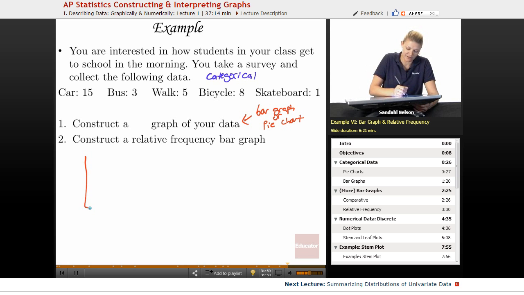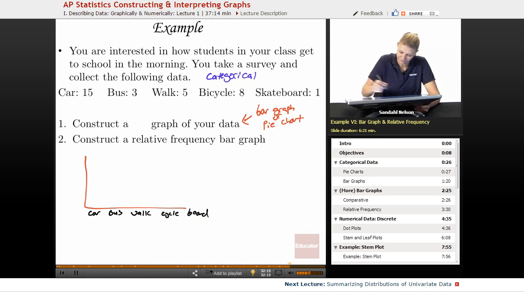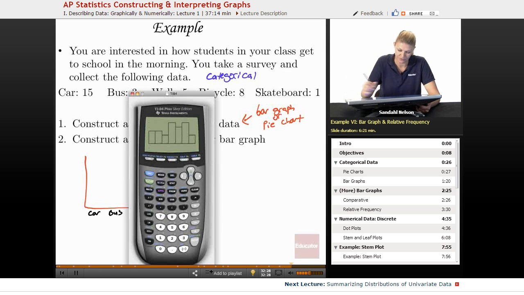So remember that a bar graph is going to have the categories down here. So we'll have car, bus, walk, cycle, and board. Okay, and then we can do this as counts or we can write this as percents. If we were to do this as percents, first we have to figure out how many students we have here.